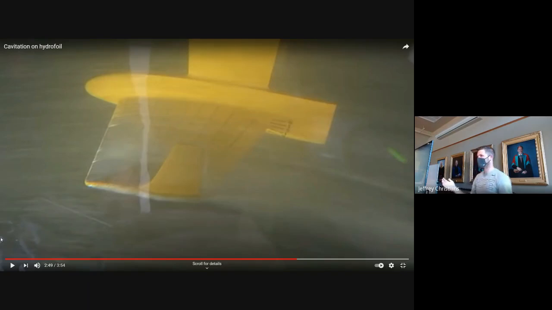Those can go fast enough that you can actually have some of these effects on those hydrofoils. And you have to design your hydrofoil knowing that it's going to be in cavitating conditions, because cavitation, a lot of times, can affect the performance of whatever piece of equipment that you have.